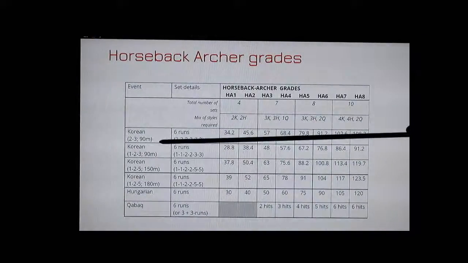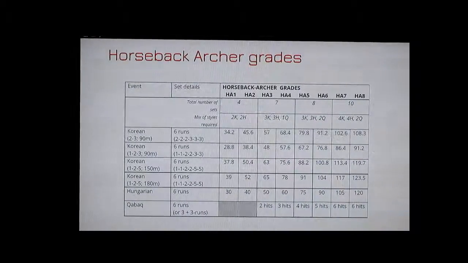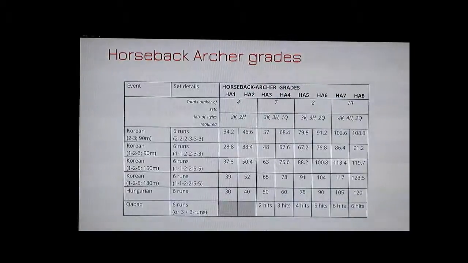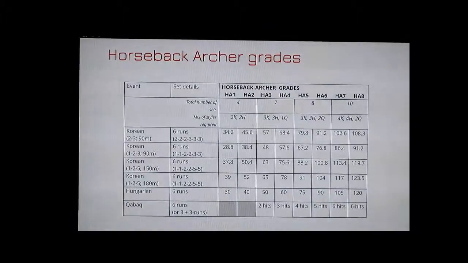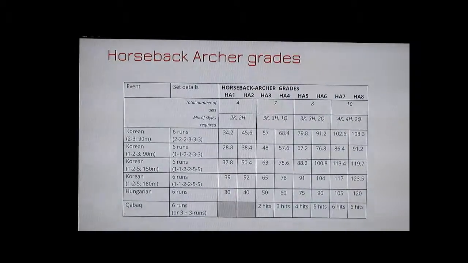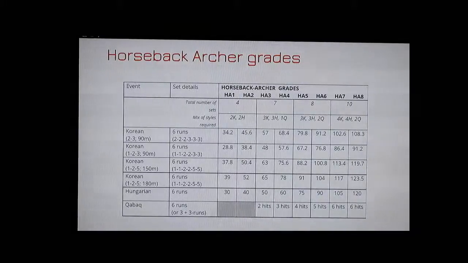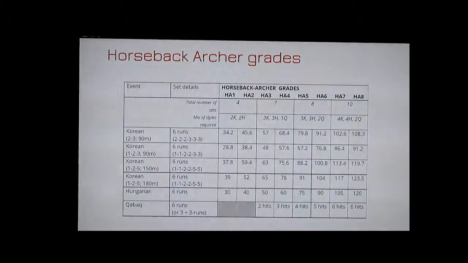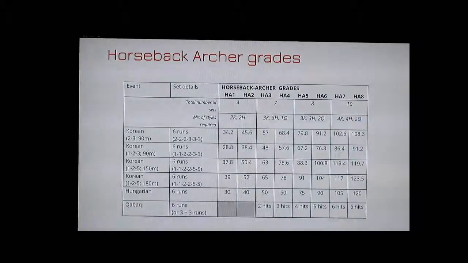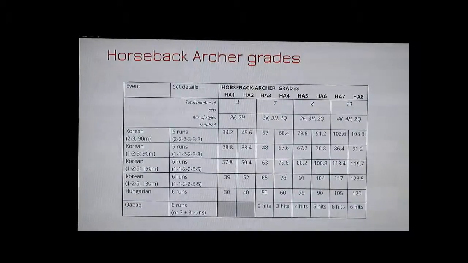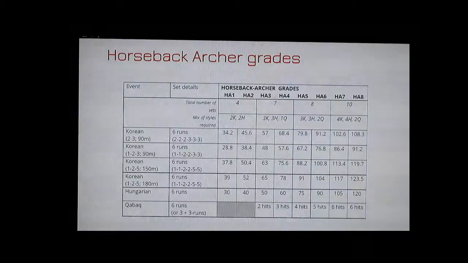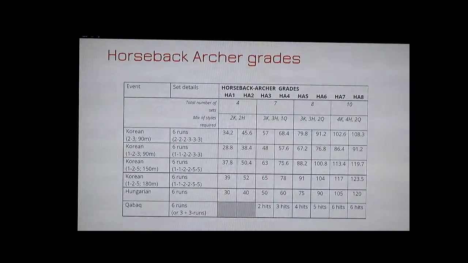These 4 Korean variants that appear on the horseback archer table, they all also appear on the student table. If you're going to do one of those 4 variants of Korean, you don't have to decide in advance whether you're trying for a horseback archer or a student grade. You can plug your scores and your times into the online calculator that's on the website, and that calculator will tell you what you've scored using the horseback archer grades and what you've scored using the student grades.